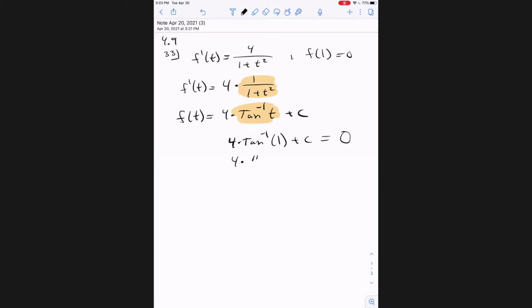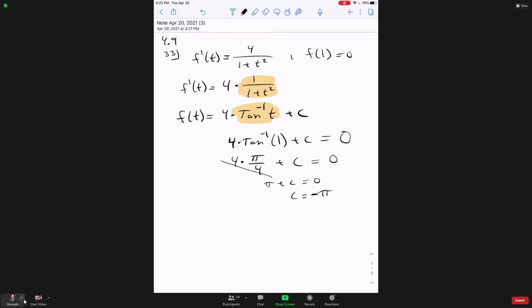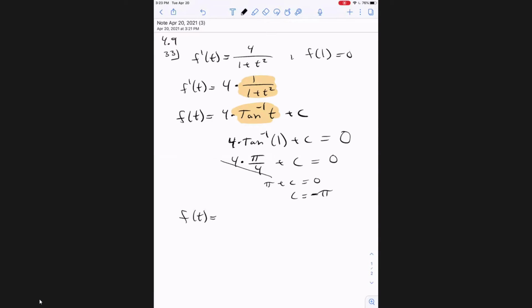So 4 times pi over 4 plus c equals 0. The 4's cancel out. Pi plus c equals 0. C equals negative pi. So the final answer is f of t equals 4 times the arc tangent of t minus pi.